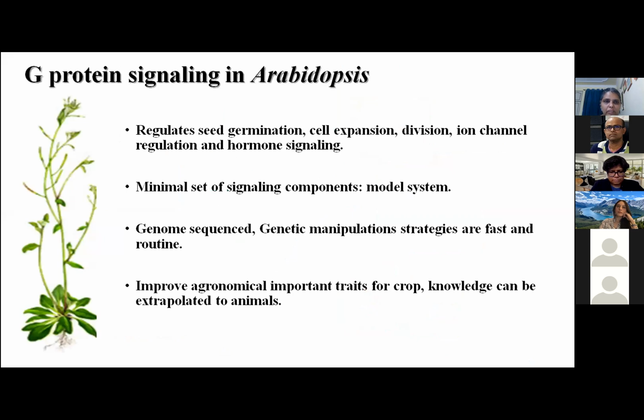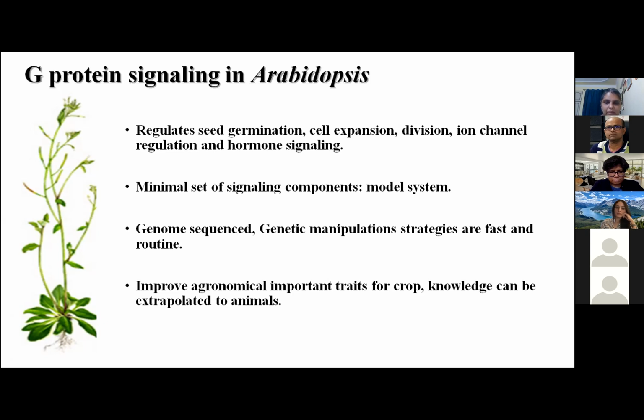The organism which I'm working with is Arabidopsis thaliana, a model plant, and it has been well studied and established that the G protein is doing important functions in biological processes: it regulates seed germination, cell expansion, division, and ion challenge regulation. We have chosen this because it is a very fast growing plant.